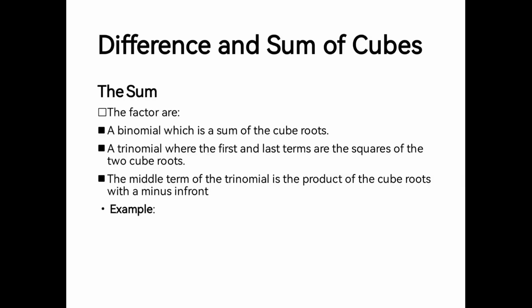The first term in the trinomial will be the square of the first term in the binomial. The second term will be the product of the two terms in the binomial with negated or with a change of sign. And then the last term in the trinomial will be the square of the last term or the second term of the binomial.